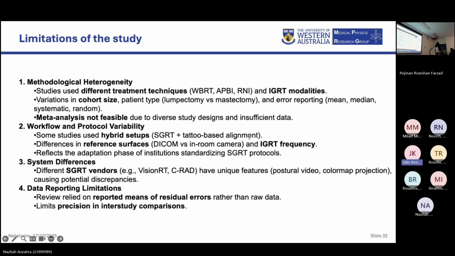Studies use different SGRTs like VisionRT and C-RAD by different vendors, which have unique features. This can also potentially cause some discrepancies. Finally, most of the data were based on reported means and not the raw data, and this limits the precision in inter-study comparisons.